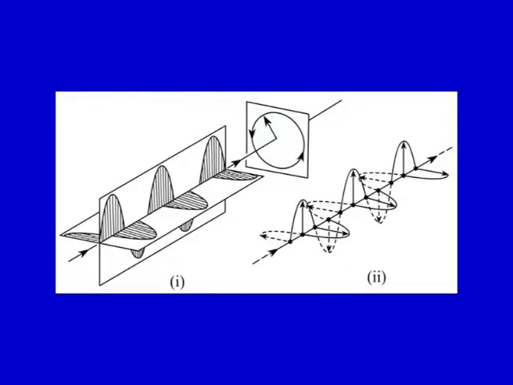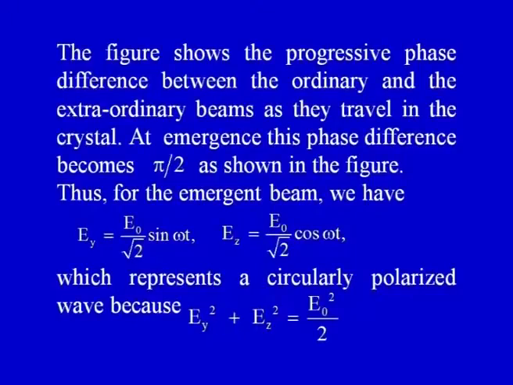The figure shows the progressive phase difference between the ordinary and the extraordinary beams as they travel in the crystal. In the beginning, they are in the same phase at the entry point. At emergence, at the other end of the crystal, after traveling a distance d, this phase difference becomes pi by 2 as shown in the figure.